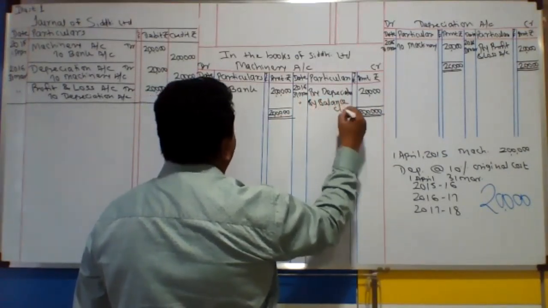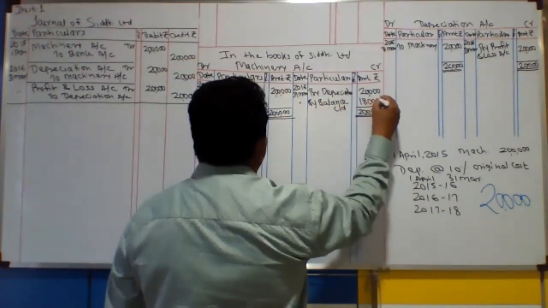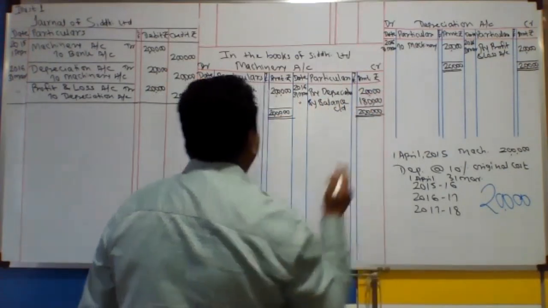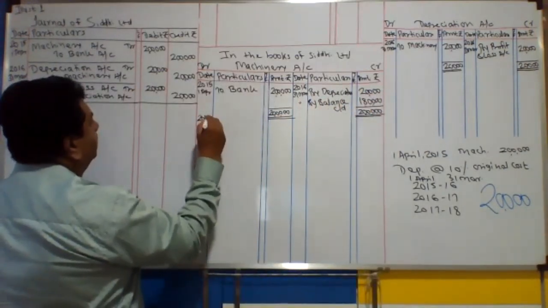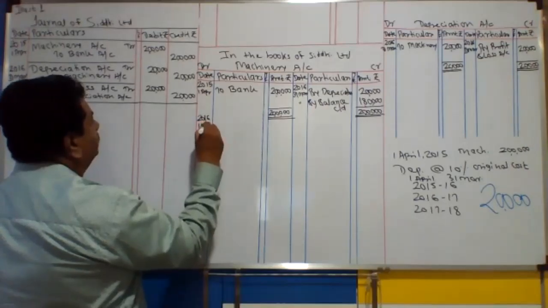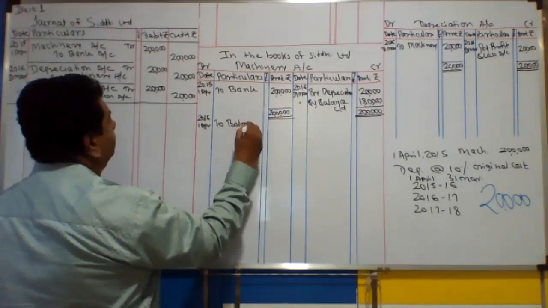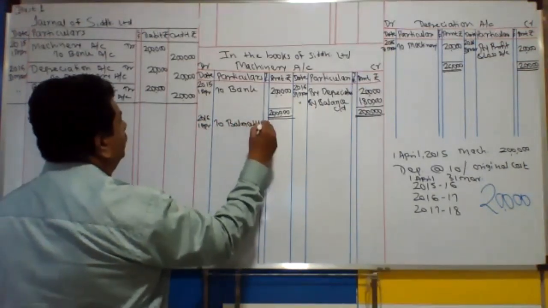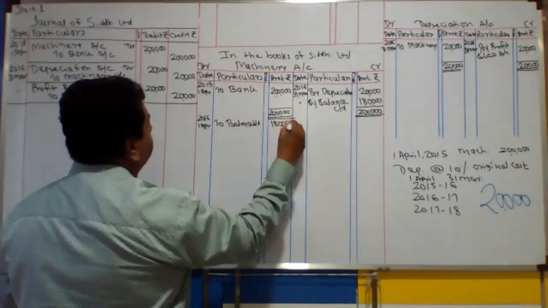By balance carried down, it is going to be 1,80,000, 2 lakh minus 20,000. And take the balance ahead. April 2016, right as a to balance brought down 1,80,000.